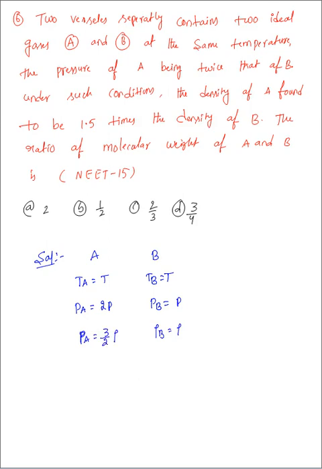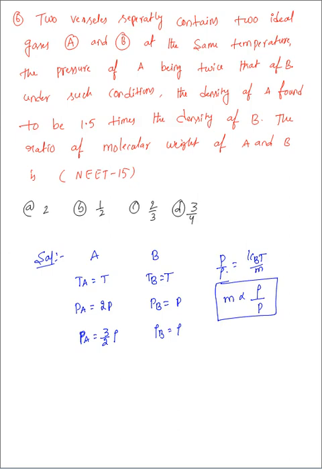We know that P by rho equals KBT by small m. Means small m is inversely proportional to rho by P. From this relation, just reciprocate and remove the constants: temperature and K are constant, so remove them.